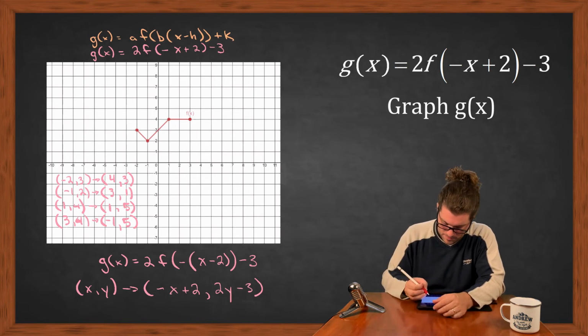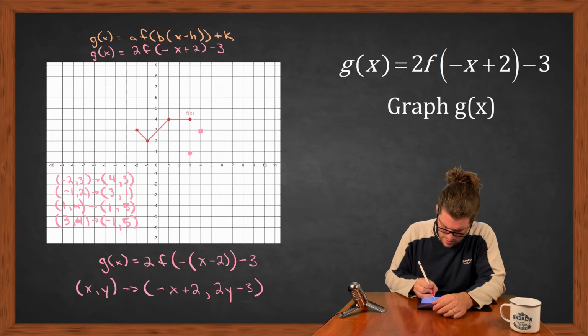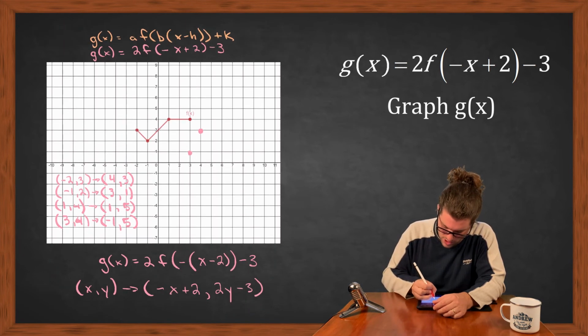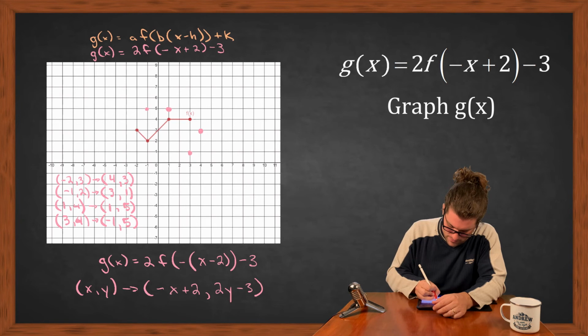So let's go ahead and plot them. We get 4, comma 3, which is going to be right here. I'm going to get 3, comma 1, which is right here. I'm going to get 1, comma 5. Let's try that again. 1, comma 5, and then negative 1, comma 5.